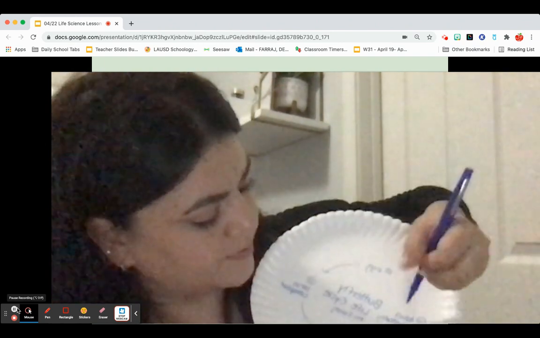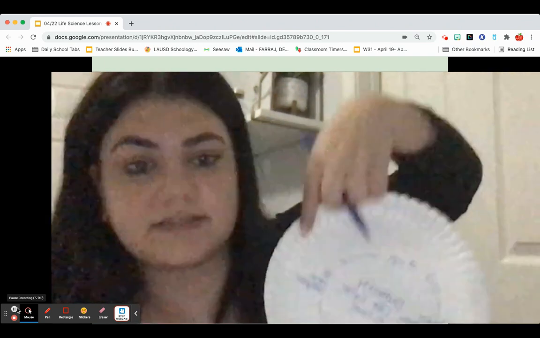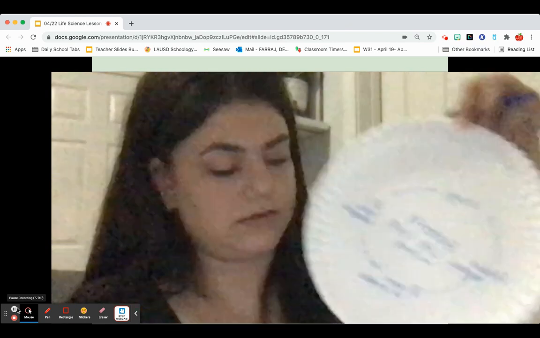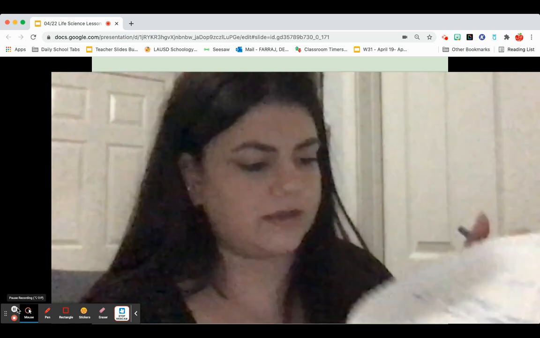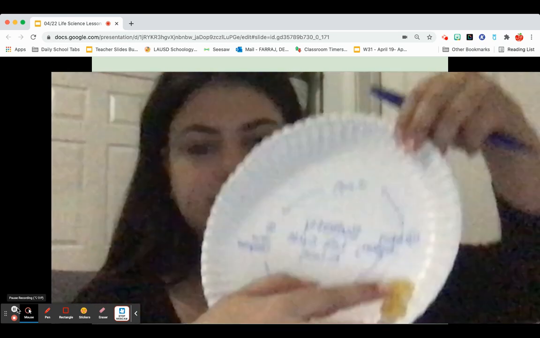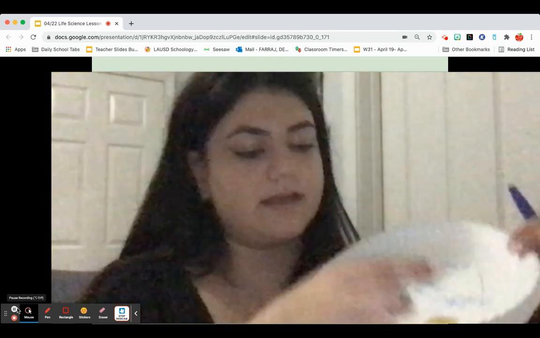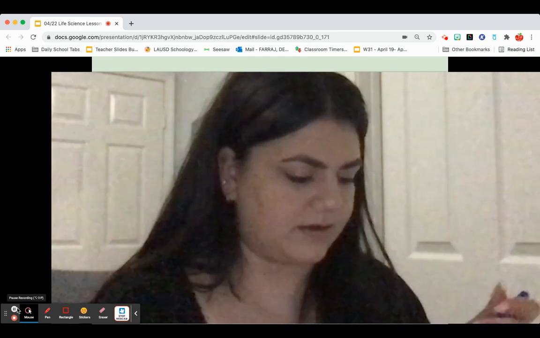Boys and girls, we also want to make sure that we connect 4 to 1 because this cycle happens and it goes again and again and again. And for my adult butterfly, I am using this kind of pasta right here. I will hold it for you to see. Looks like a butterfly. Again, if you don't have these materials, you can draw or be creative.